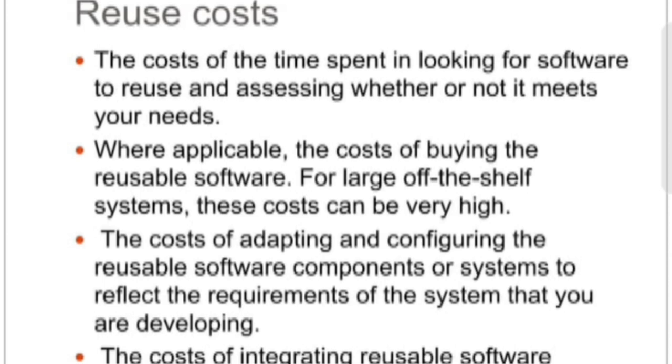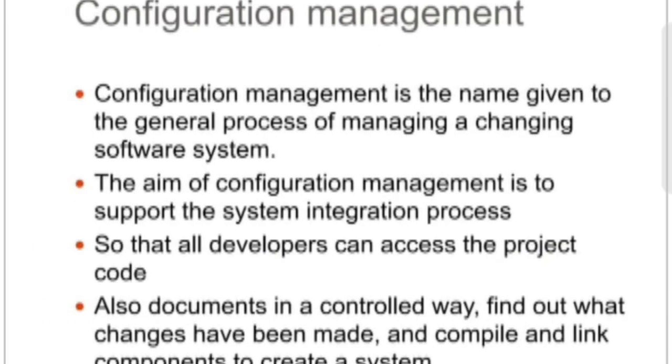Reuse costs: the cost of the time spent looking for software to reuse and assessing whether or not it meets your needs, and, where applicable, the cost of buying the reusable software. For large subsystems, these costs can be very high. Configuration management is the name given to the general process of managing a changing software system.